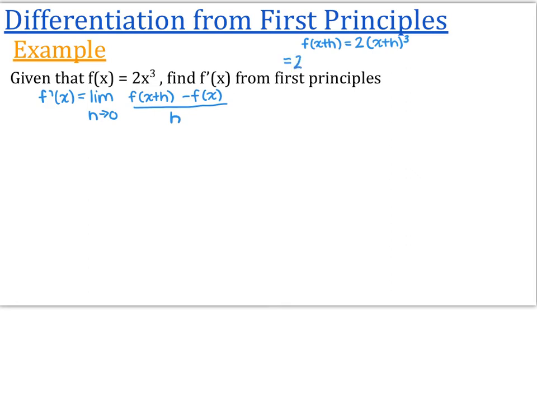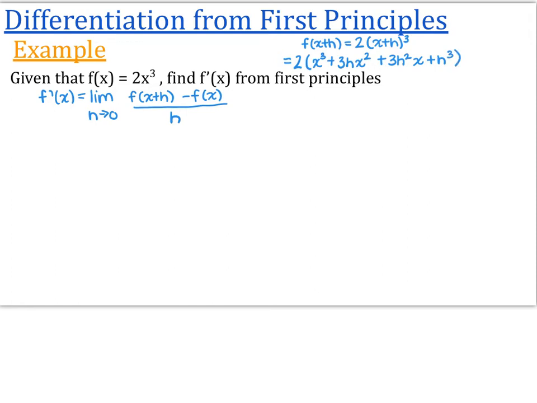So 2 times x cubed plus 3hx squared plus 3h squared x plus h cubed. All right, I hope that's right. I think that's right.